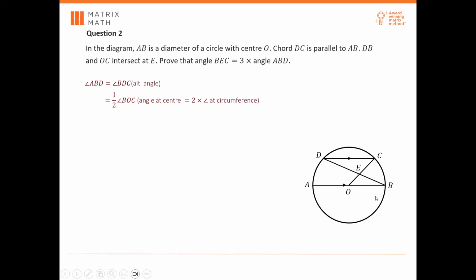In other words, if I take this angle, BOC, and multiply it by half, I will get BDC. So as I mentioned earlier on, right? So we made a comparison with these two, correct? Which now also means that ABD equals to half of BOC. Okay, so keep that in mind.